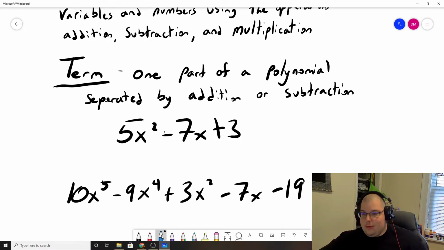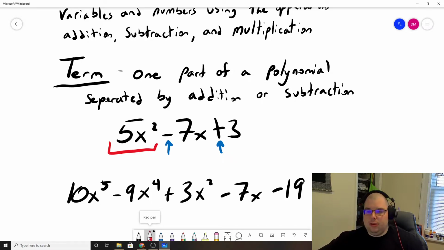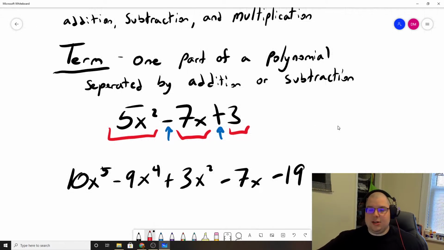So everywhere we see subtraction or addition, that marks the stop and start of a new term. So 5x squared is a term, negative 7x is a term, and positive 3 is a term.